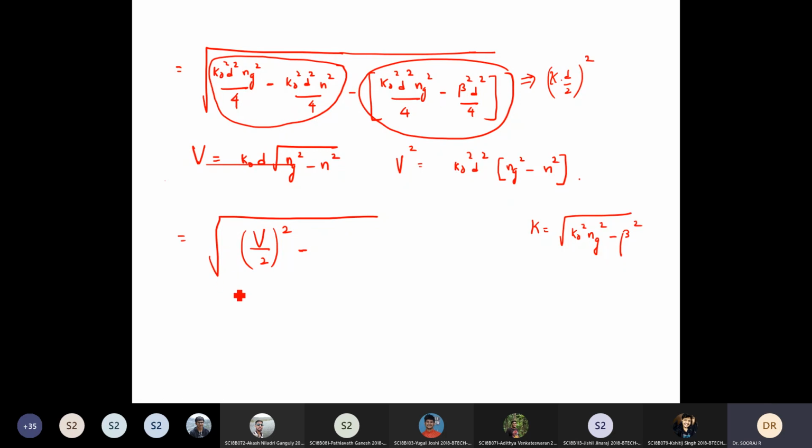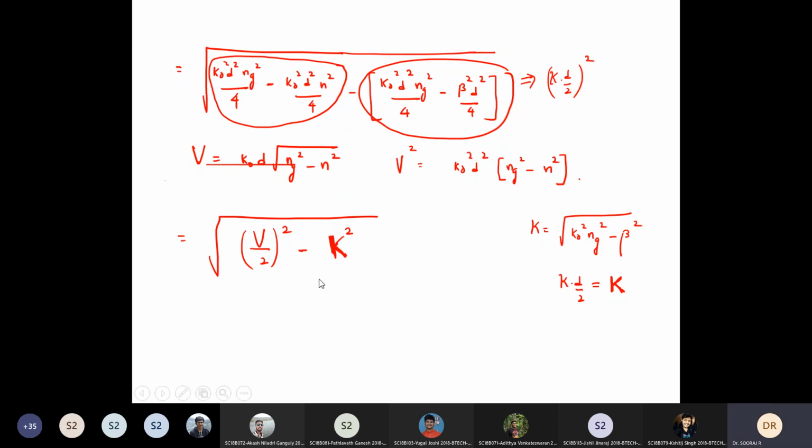Therefore this becomes root of V by 2 the whole square minus, so kappa into d by 2, I'm going to define this as capital K. And therefore this term becomes root of V by 2 the whole square minus capital K square.